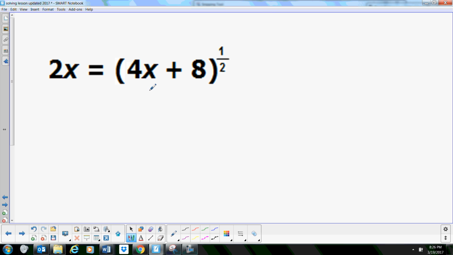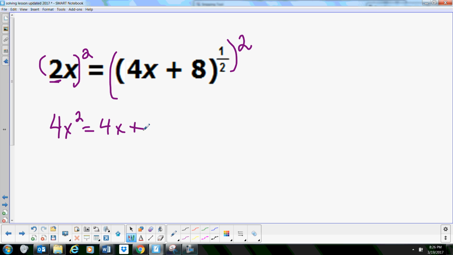Okay, so let's look at a couple of these. I picked this one to show you guys because when you go to square this, what do we need to make sure we do? We want to make sure we square the right side, but we also want to square the left side, and we got to square this too. So that's going to give us 4x squared is equal to 4x plus 8. And I hope you know what to do with a quadratic by now.